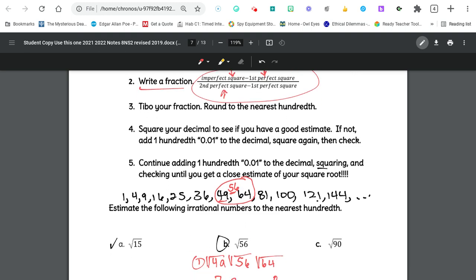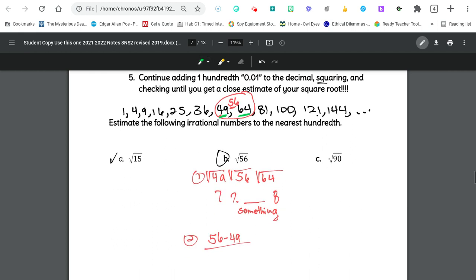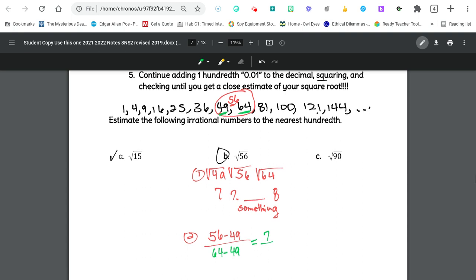Well, my second perfect square in this list is 64 minus your first perfect square, which is 49. 64 minus 49. So we start out with 56 minus 49, and we get 7. And then we have 64 minus 49. Remember, whatever you're subtracting in your numerator, you're also subtracting in your denominator. So if it's minus 49 on the top, it's minus 49 on the bottom.